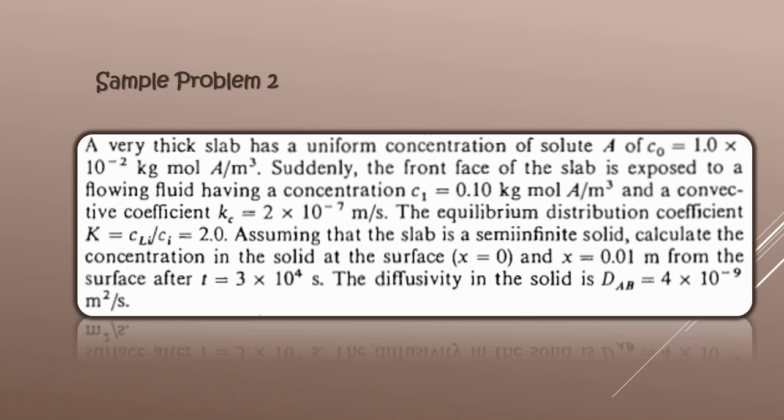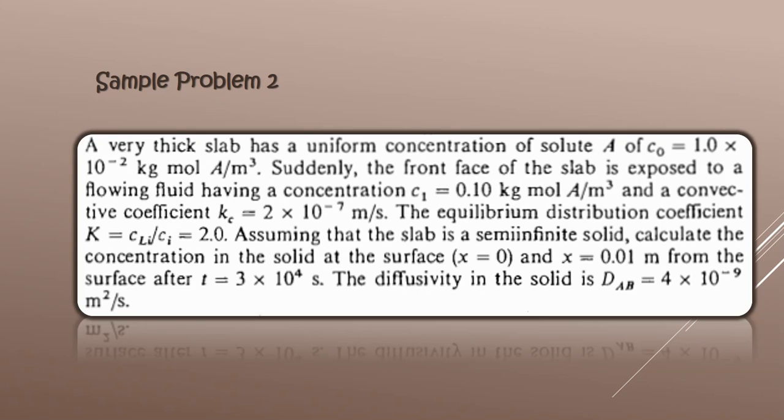And suddenly, the front face of this very thick slab is exposed to a flowing fluid having a concentration of 0.10 kilomole A per cubic meter, and it has a convective coefficient of 2 times 10 raised to negative 7 meters per second. Now, the equilibrium distribution coefficient, capital letter K, which is equal to the ratio of C sub Li to C sub i, is equal to 2.0.